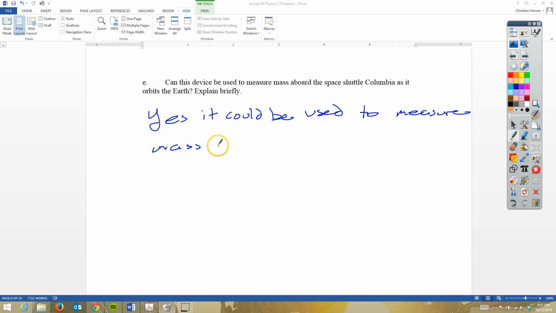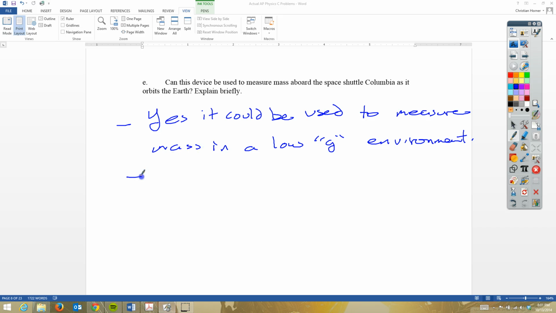And it says aboard the Space Shuttle Columbia. So here we're saying that we measure mass in a low gravity environment. Sorry if you can't read that. So yes, it could be used to measure mass in a low gravity environment, and they want you to explain briefly.